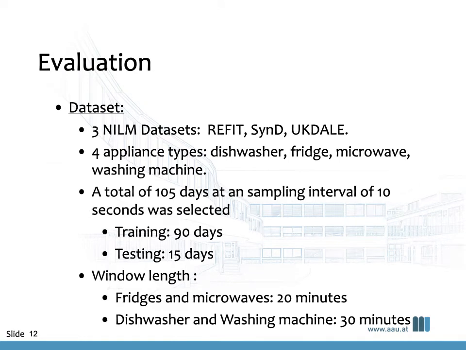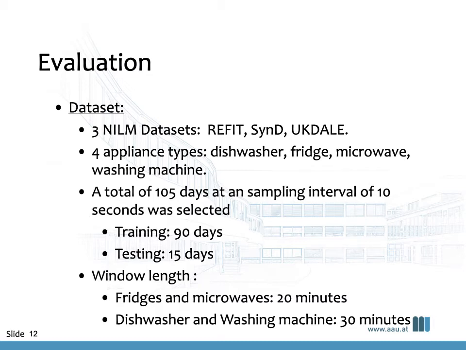To obtain more generalizable findings, we considered data from three different energy consumption datasets: Refit, Cindy, and UKDAL. For one household per dataset, we selected 4 common household appliances: the dishwasher, the fridge, the microwave, and the washing machine. We extracted a subset of 105 days, which we split into 90 days to serve as training set and the remaining 15 days to evaluate our algorithms on.